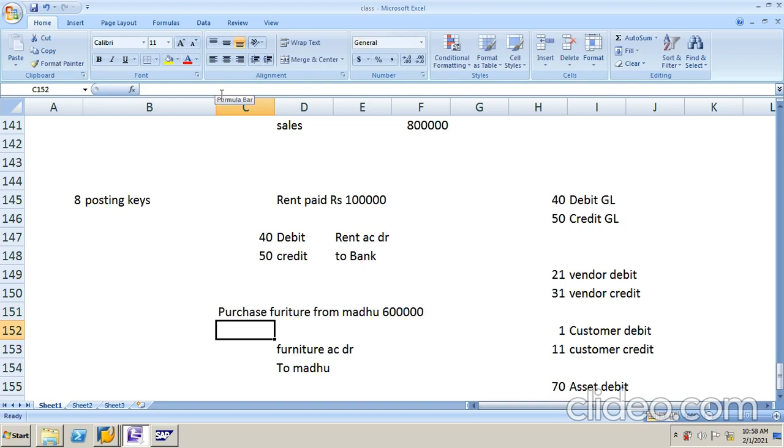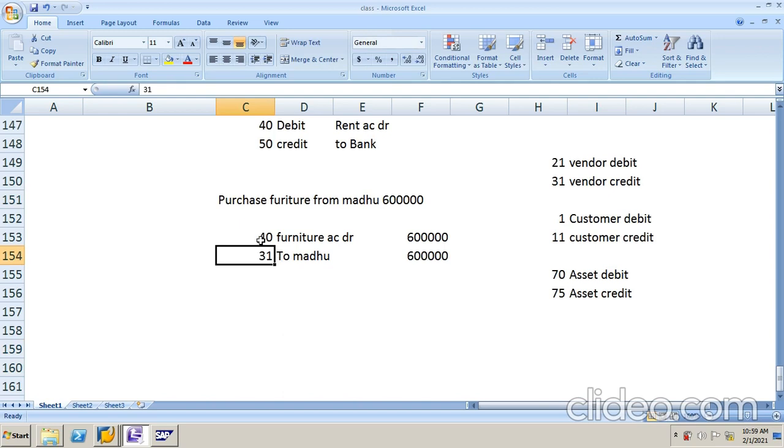We purchase furniture from Madhu, 6 lakhs. Here he is a creditor, so he is on the credit side. So vendor credit is always 31. The furniture is a debit GL, and a debit GL is 40. That's it.